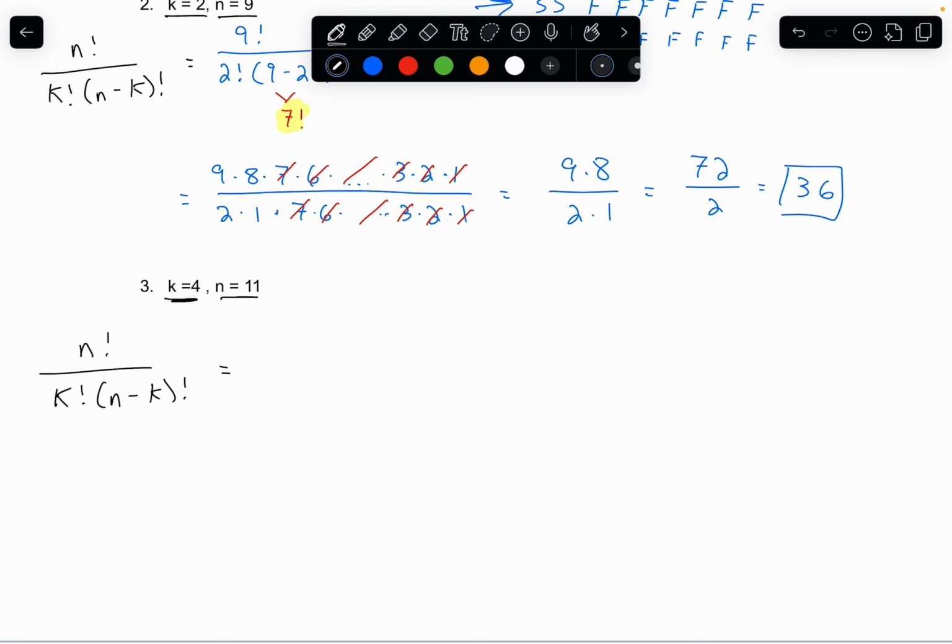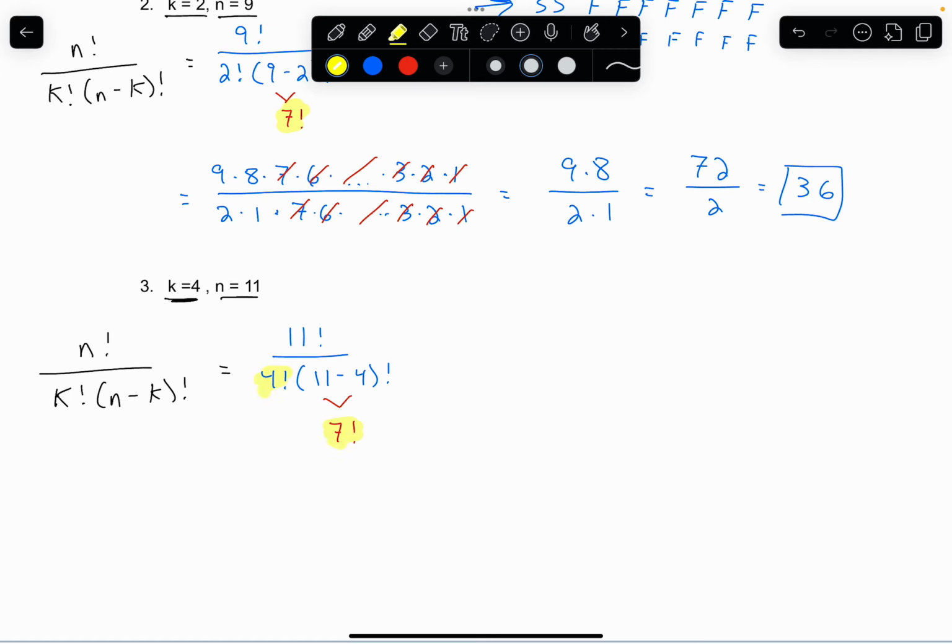So n is 11, so this is 11 factorial divided by k factorial, which is 4 factorial, times 11 minus 4 factorial. Subtracting 11 minus 4 first, that should give me 7 factorial. I take a peek at the denominator, and I see 7 is bigger than 4, so I'm going to try and cancel out that 7.